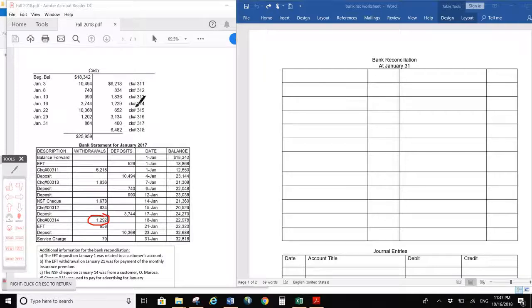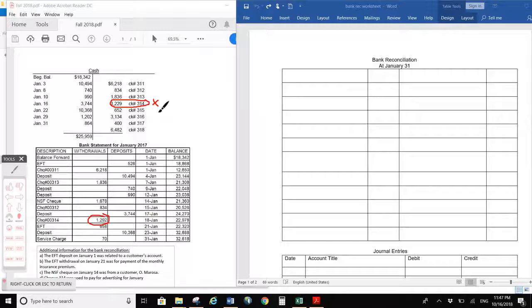And if we look at it in our books, it's for $12.229. So what's happened here is when we made our journal entry, we accidentally put in the wrong number, and that happens. And that's not a bad thing. It can be fixed, and it's fixed with a bank reconciliation.